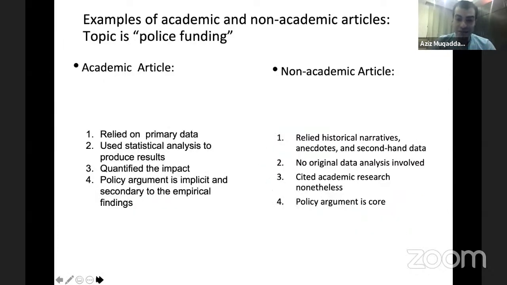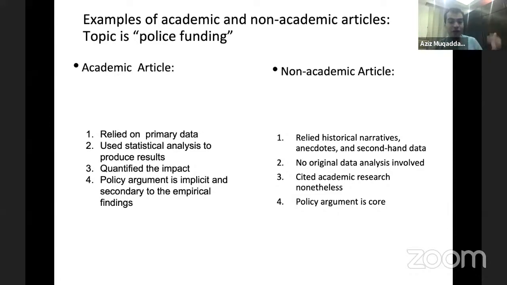But it's still different, because in academic articles you rely on primary data, so people could look at your analysis, your statistical analysis. You quantified the impact, right? So the authors gave us an exact ratio of benefits and cost.